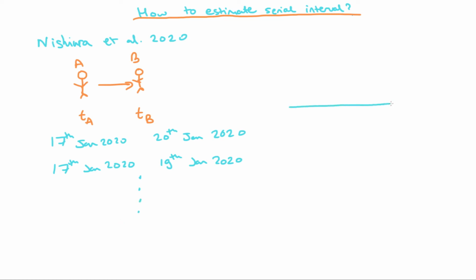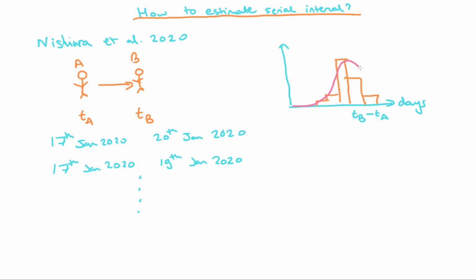Then we could draw a graph of this. We could draw a histogram of all the potential time differences between the onset of symptoms in individual A and individual B. So here we'd be plotting TB minus TA effectively, and our histogram might look something like this. The basic idea with trying to estimate a serial interval distribution is that you would fit some sort of probability density to this curve.